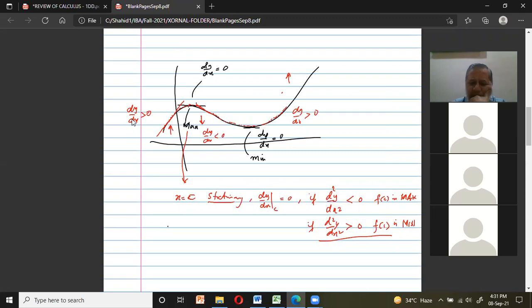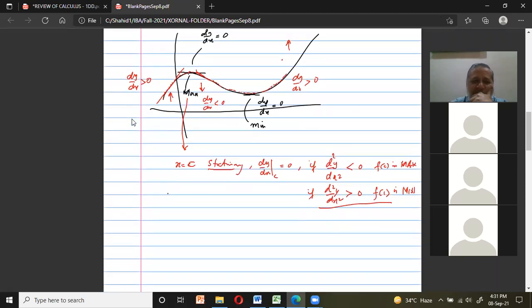Now look, one thing I want you to attend to. Before a maximum, the function is increasing. Just after a maximum, the function is decreasing.